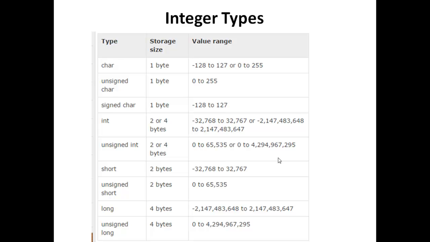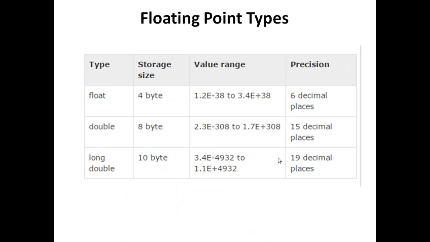We can view all the storage sizes here along with the range. And here we have the floating point types: float, double, and long double. The storage size is given along with the range and the precision.